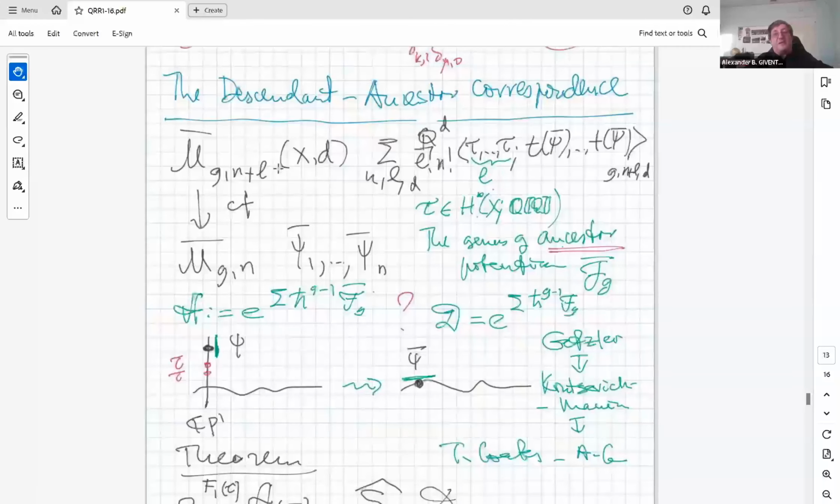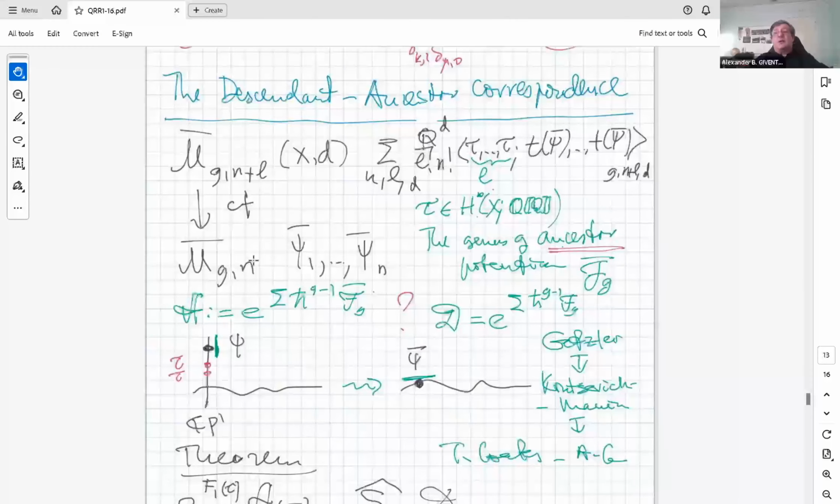Therefore, I can forget the map, forget the first L marked points, and remember the complex structure and the remaining marked points, and typically that curve will represent some point in the Deligne-Mumford space M_{g,n} bar, and I can try to define this map. The situation is a bit more complicated because, as we'll see in a minute, when I forget the map and marked points, the curve can become unstable in the Deligne-Mumford sense.